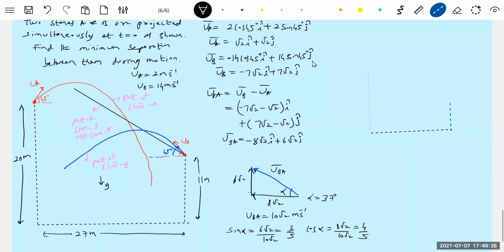Now in what direction will the stone A move? Directly we will draw that black color line. It will move along A or some other direction. Some other direction here. So how do you say? Yes, that's the path of B with respect to A. And it will move with a velocity of how much? VBA. This is alpha. This is A, you will be at rest. Do we know all the distances? Yes, we know.